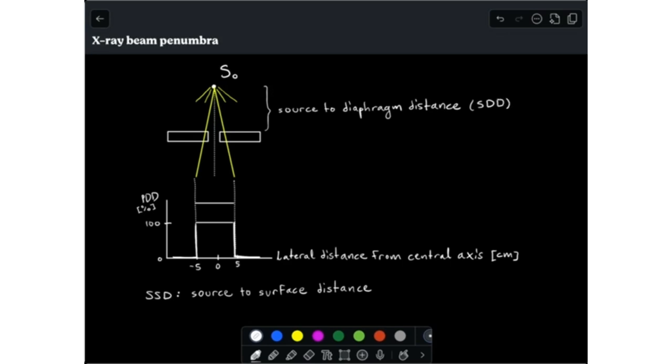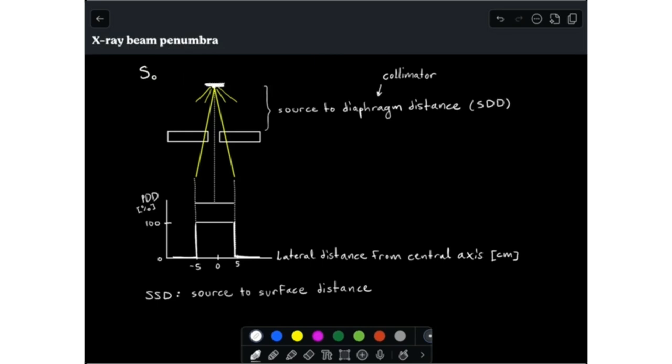So yeah, let me just note that here. The diaphragm is related to the collimators.